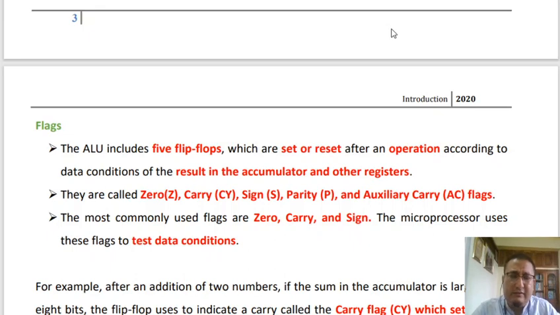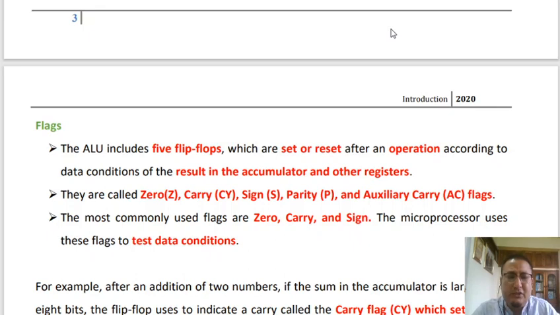Okay, these 5 flip-flops are zero, carry, sign, parity, and auxiliary carry. So these are the 5 flip-flops that are set to 1 or reset to 0 based on the condition of the result in the accumulator.